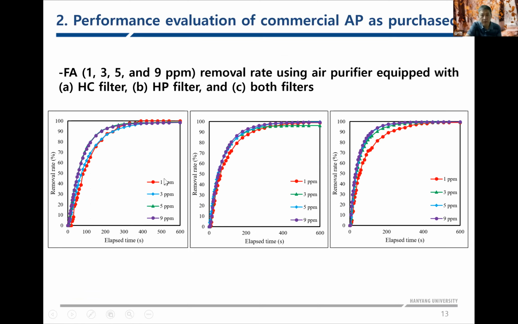This is a figure of the data shown in the table. We can see that when 1, 3, 5, 9 ppm are treated, we see better removal at lower concentration, then a higher concentration, and then lower concentration. The amount of formaldehyde fed into the system is much larger with the higher concentration. But there are some differences with the concentration in all diagrams.